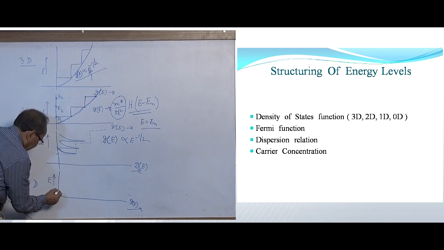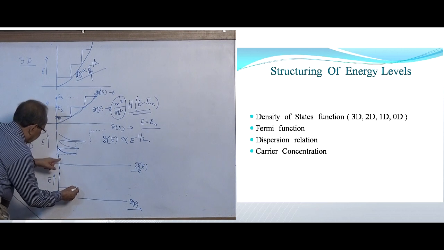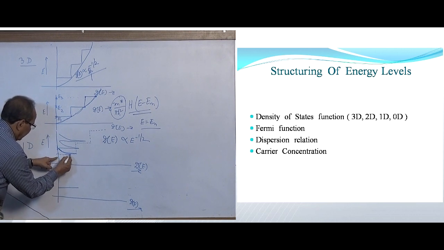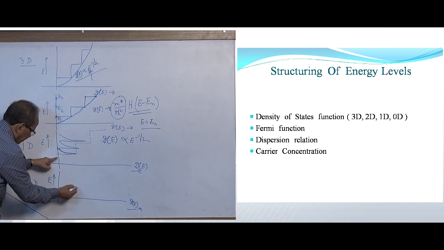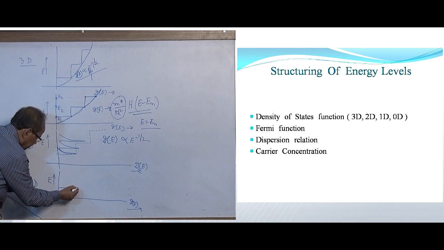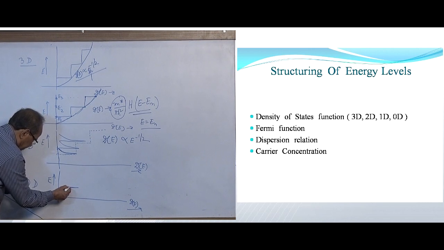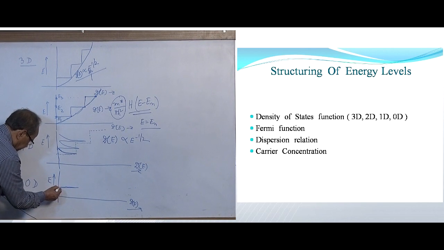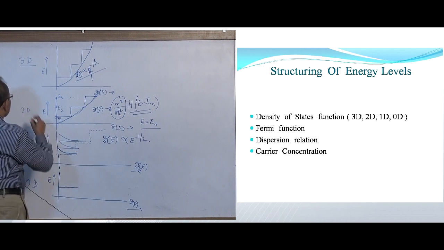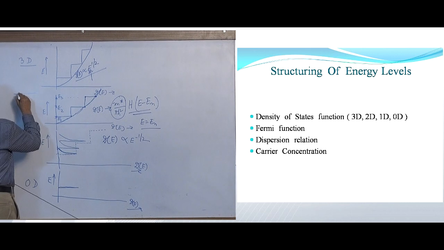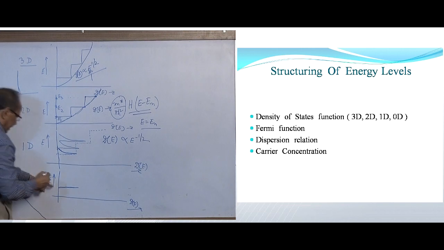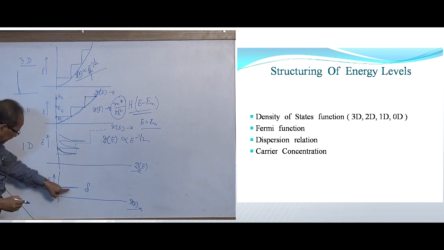But here you see, once it goes to a high value like this, this dotted line, it falls very quickly within a narrow region. It is a delta function. At a particular value of energy, you can get a very high value of the density of states, and if you change from this value, no density of states.